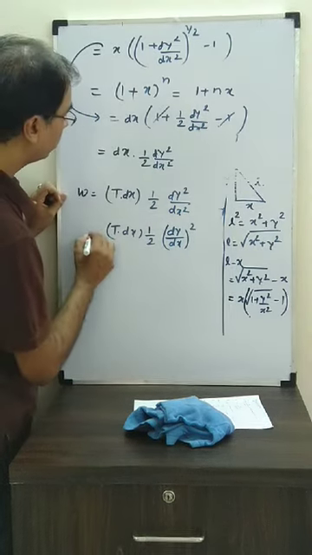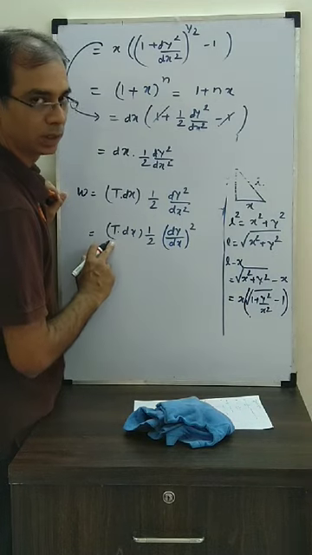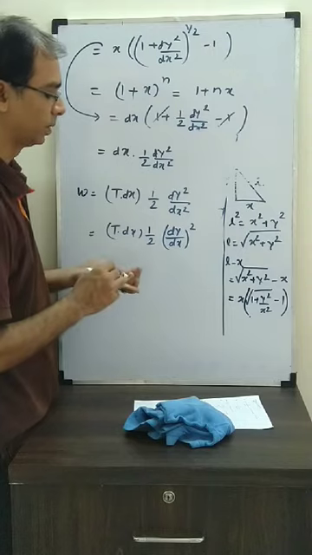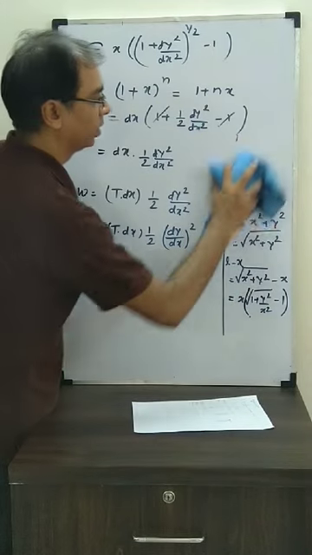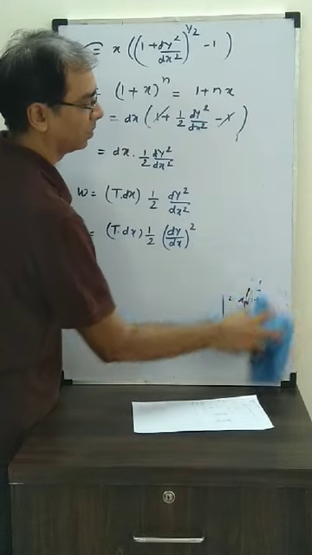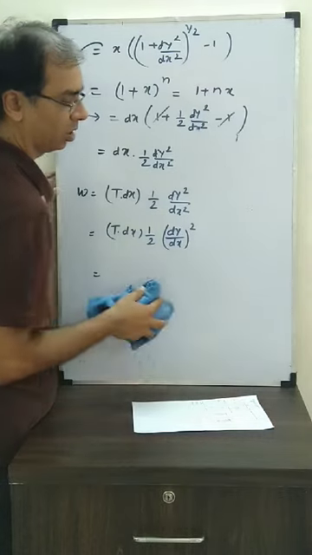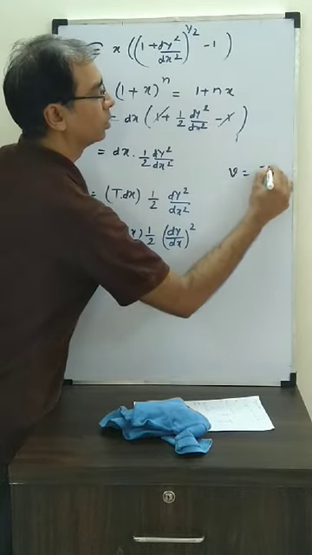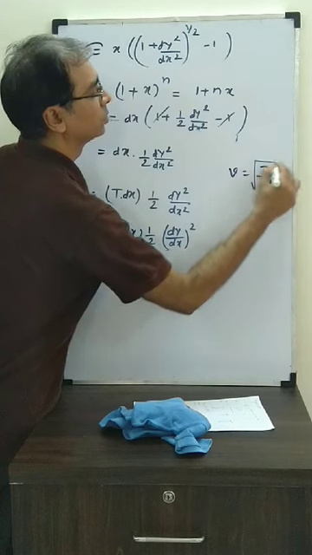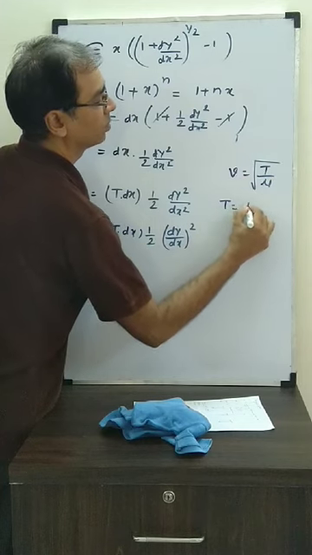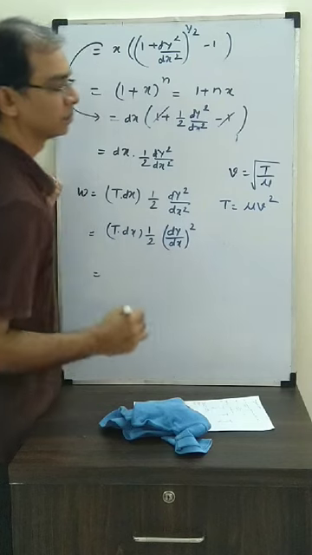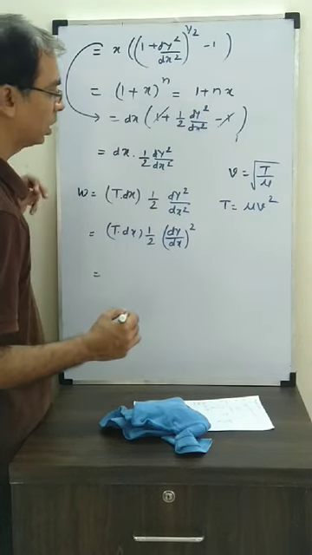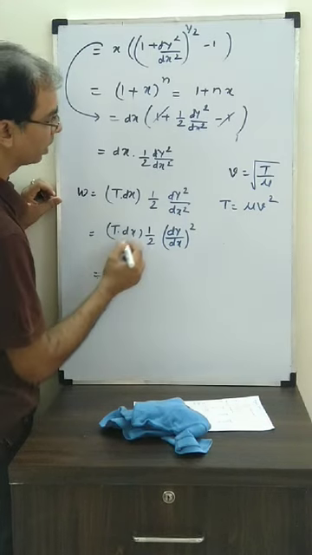Okay, now T value we already know, because in the last topic we defined the velocity of the wave as a function of tension. We defined it as v equal to root over T by mu. That means T we can write as mu v square. So we can write it over here.